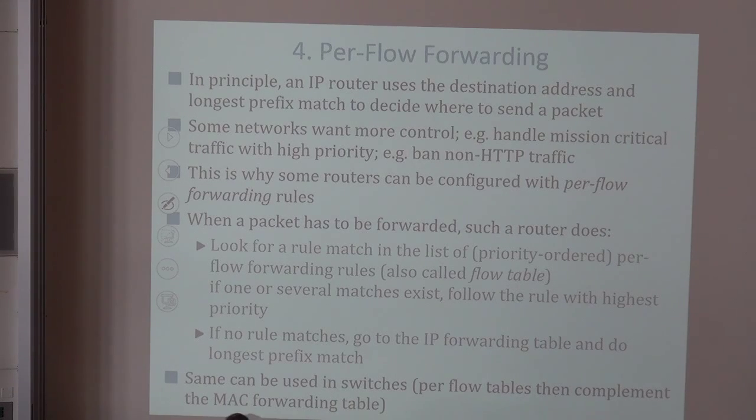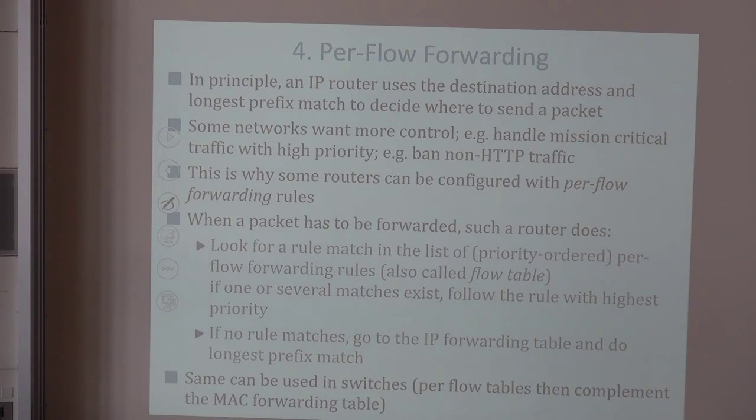Now in practice, in the internet today, and in all the routers that we have, including the ones you've played with in the existing labs, there are things like IP tables, or in general, per flow tables that exist in addition to the routing tables. Therefore, there are also other mechanisms to update those tables.